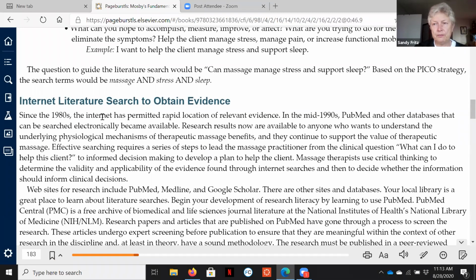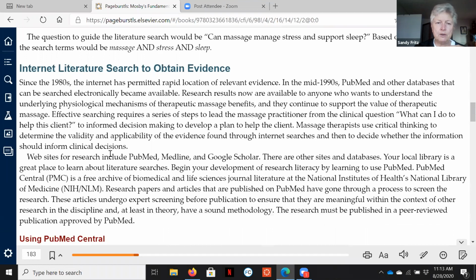We're so very fortunate now that we have the internet, and there are many good sites that you can use that have what's called peer-reviewed content. That means somebody has done some research, but others have looked at that.